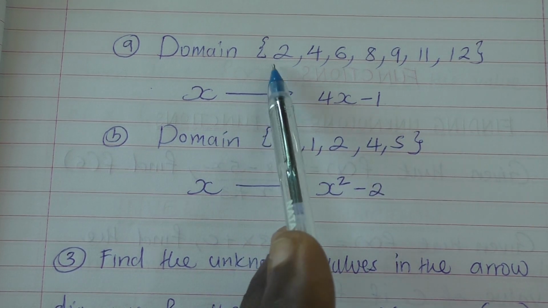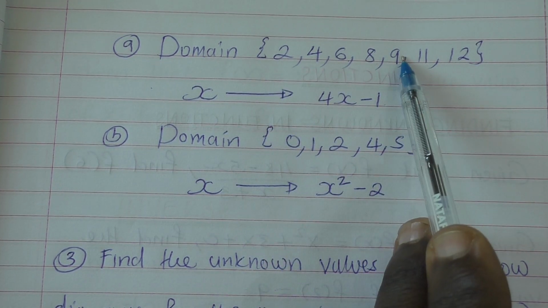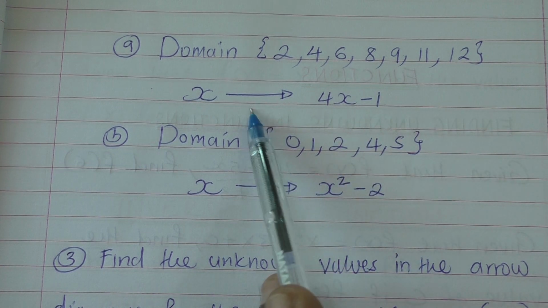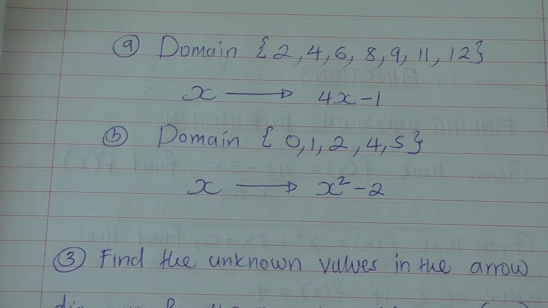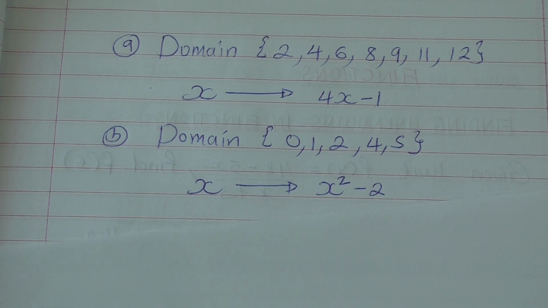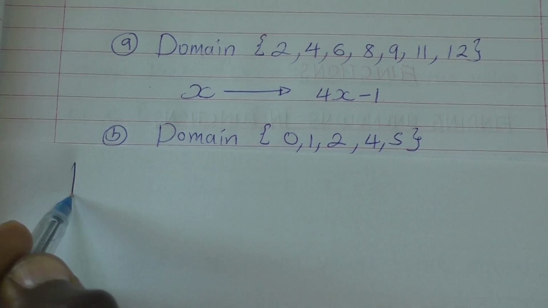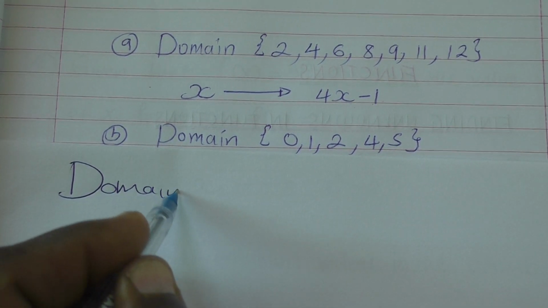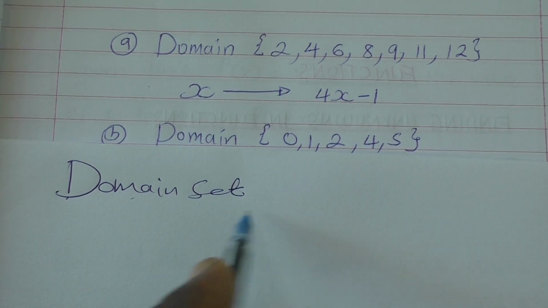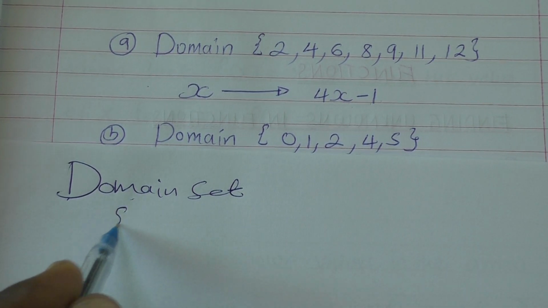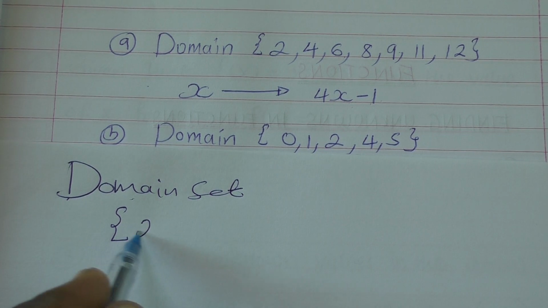So meaning that here we are given the domain set, but we are to find the range set using this mapping. And therefore, how is that done? We must get the range set as well before we draw the arrow diagrams.